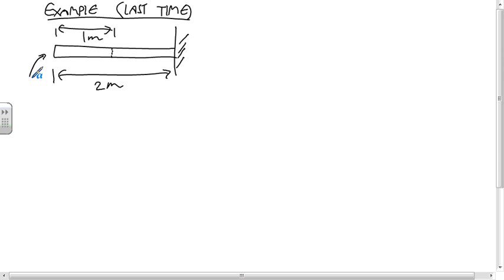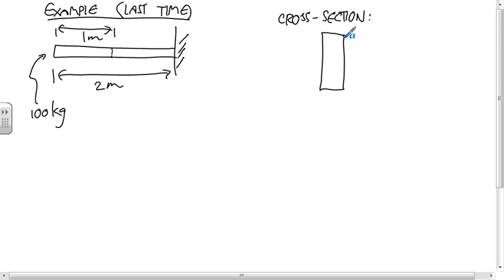The mass is 100 kilograms. The cross section is rectangular, with a base of 0.1 and a height of 0.5.